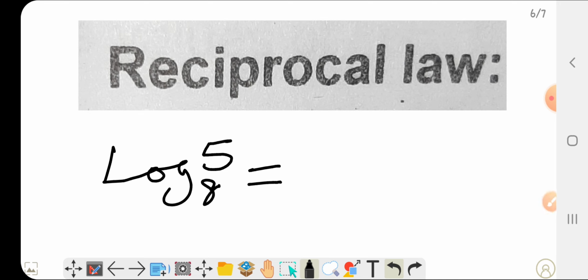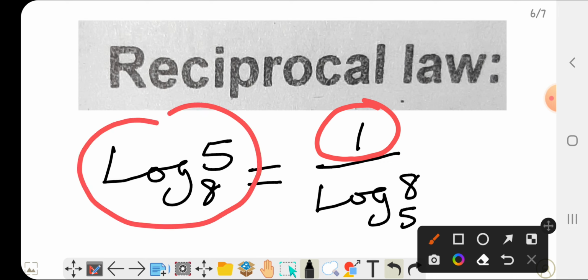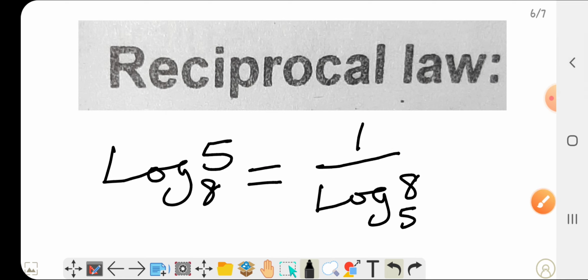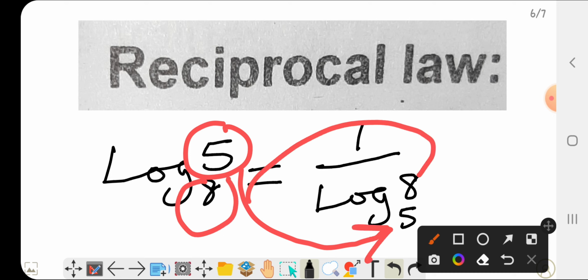You simply write 1 divided by, then it swaps automatically, log 8 base 5. Once you divide 1 by this expression, the number and the base swap each other. So now, the 5 is now the base, and the base that was 8 before is now the number.